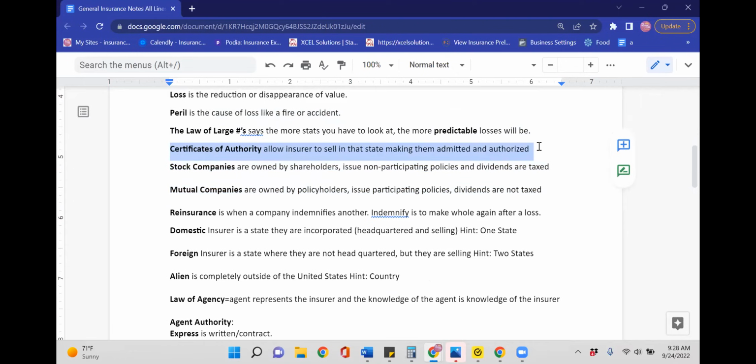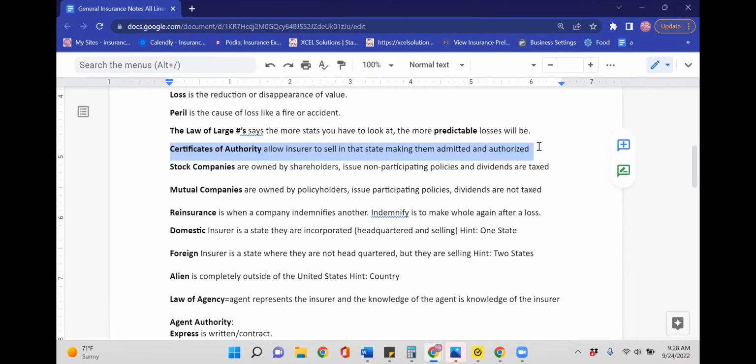If you're an insurance company and you want to be able to sell in this state, you need to get a certificate of authority that says I'm allowed to sell in this state. It means an insurance company going to the Department of Insurance and saying, we want to sell in this state. And if you want to sell in this state, you get a certificate of authority.